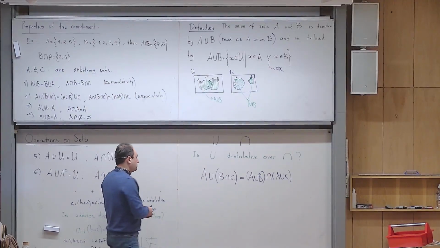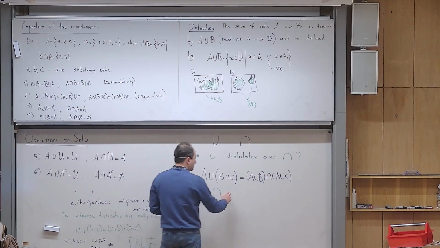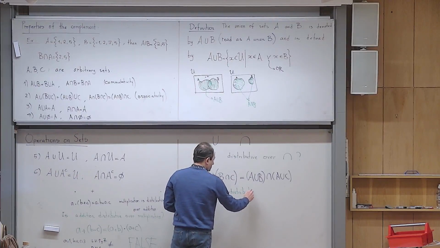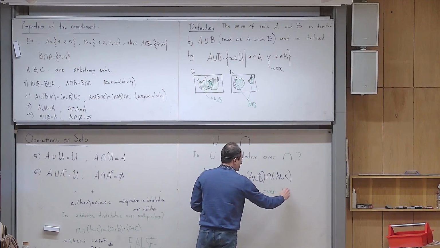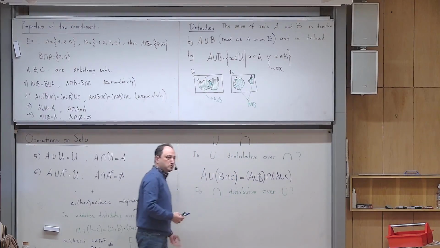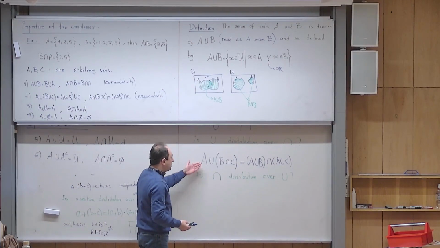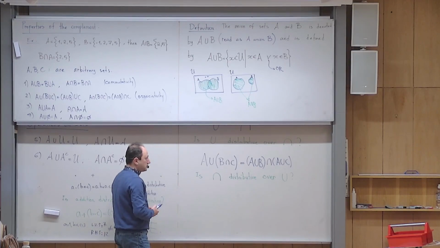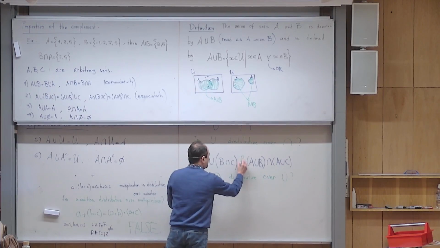Let me just practice once more. Is intersection distributive over union? This might be true, might be false, but let us assume that I want to write the mathematical translation of this question. So the question mark is here now.